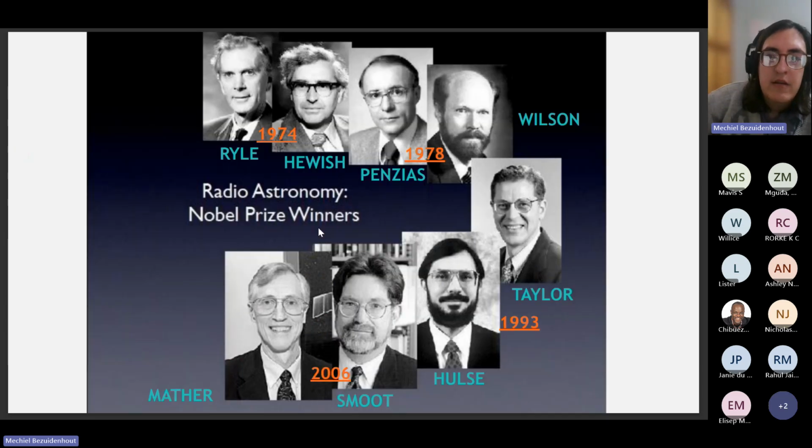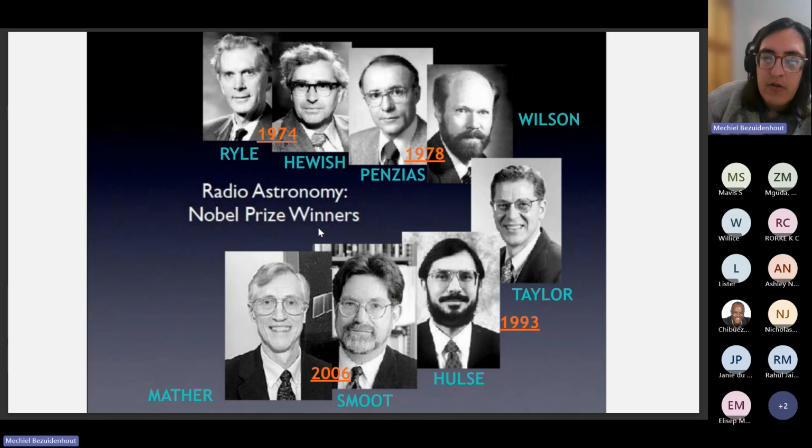So in all, there have been 8 Nobel Prize winners come in from the world of radio astronomy. In 74, Martin Ryle and Anthony Hewish won, Ryle for pioneering aperture synthesis and Hewish for discovering pulsars. In 78, Penzias and Wilson won for discovering the CMB.